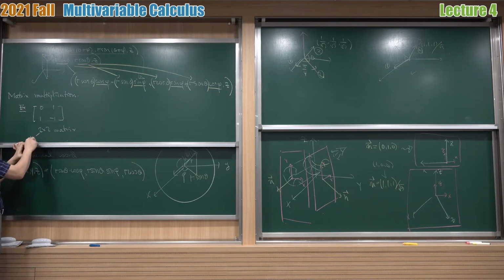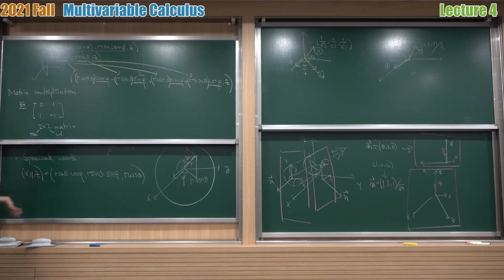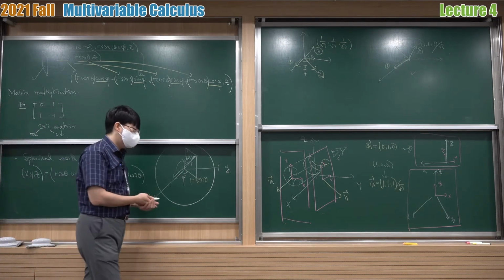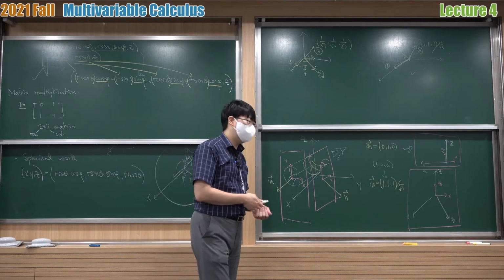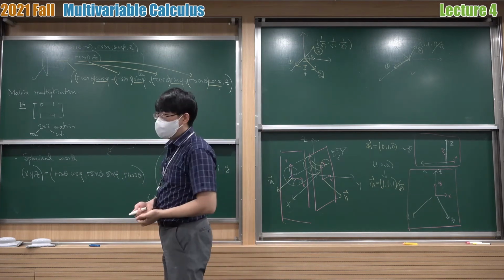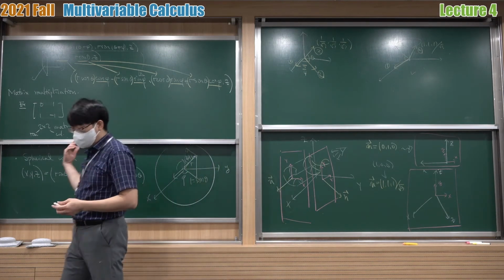This is just mentioning that the first 2 is the number of rows, and the second 2 is the number of columns here. Okay? And every matrix looks like this. If you have an n by m matrix, n represents the number of rows, m represents the number of columns, and there are nm elements in this array.